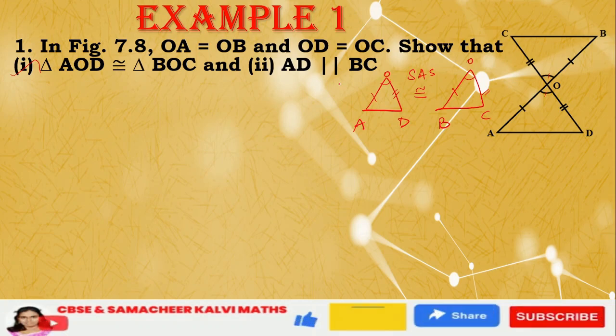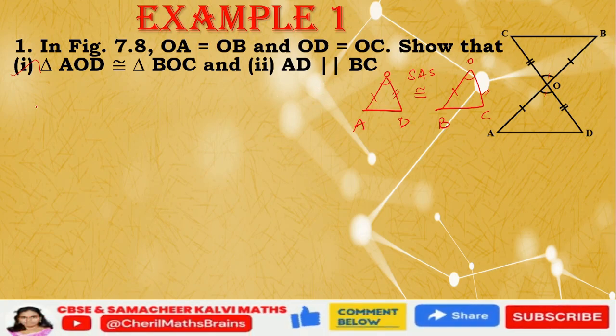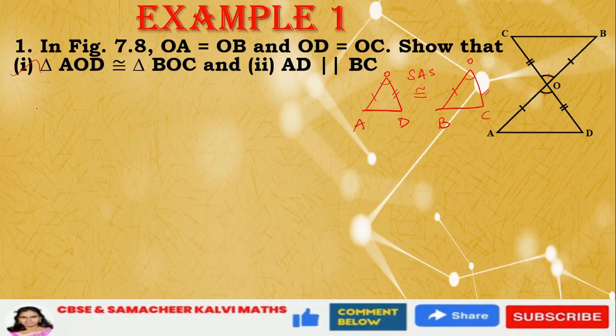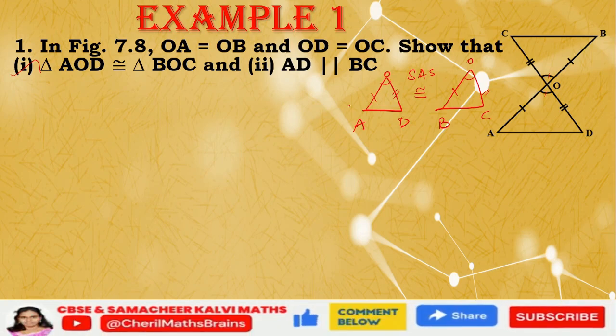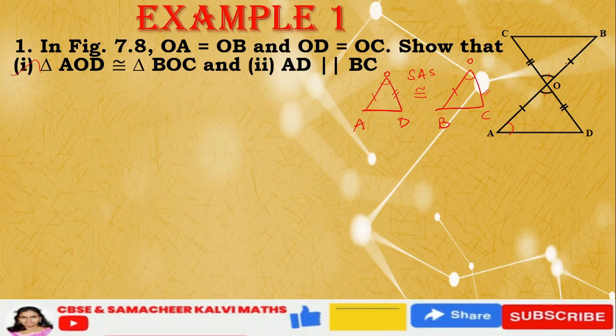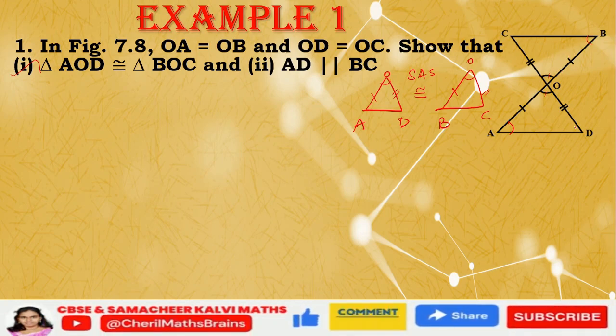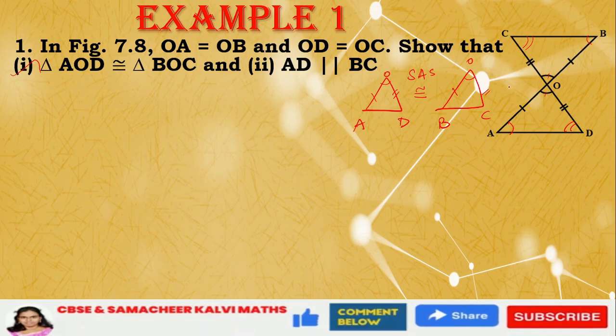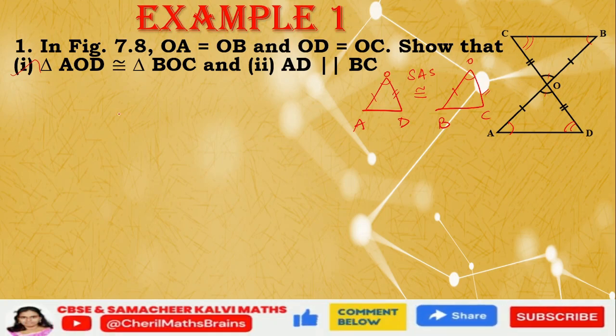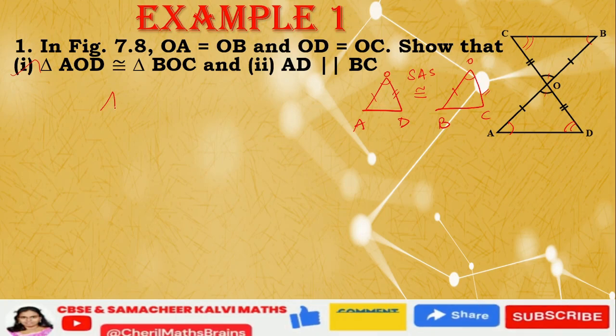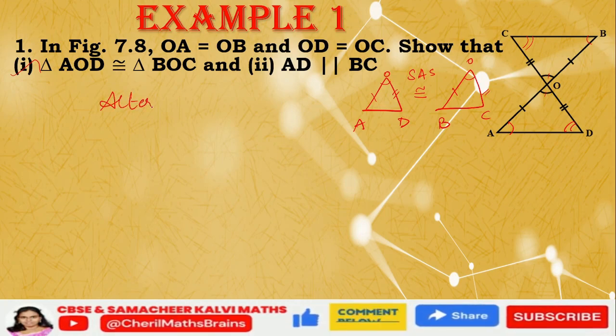Next, to prove AD parallel to BC, we knew that when two triangles are congruent, all their sides and angles are equal. So obviously OAD is equal to OBC. Likewise, ODC is equal to OCB. From that we are able to say that these angles are alternate angles.